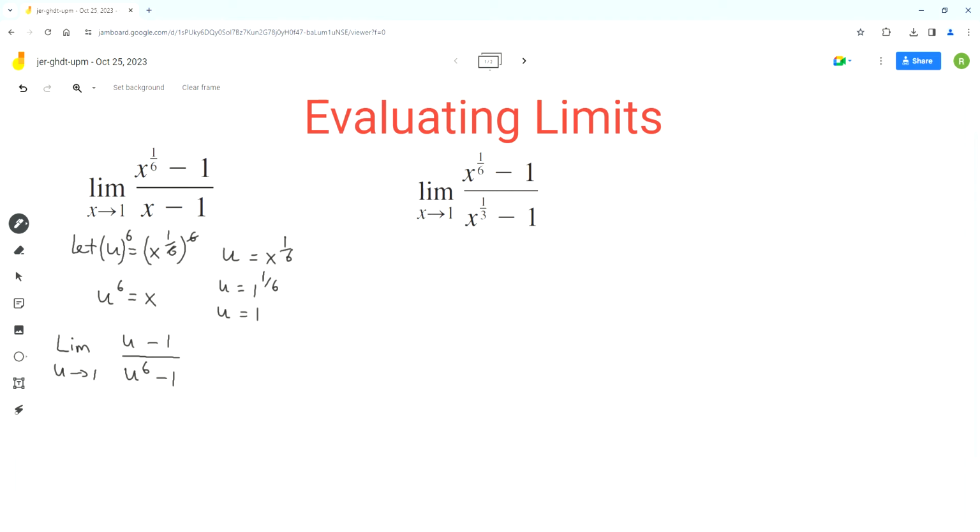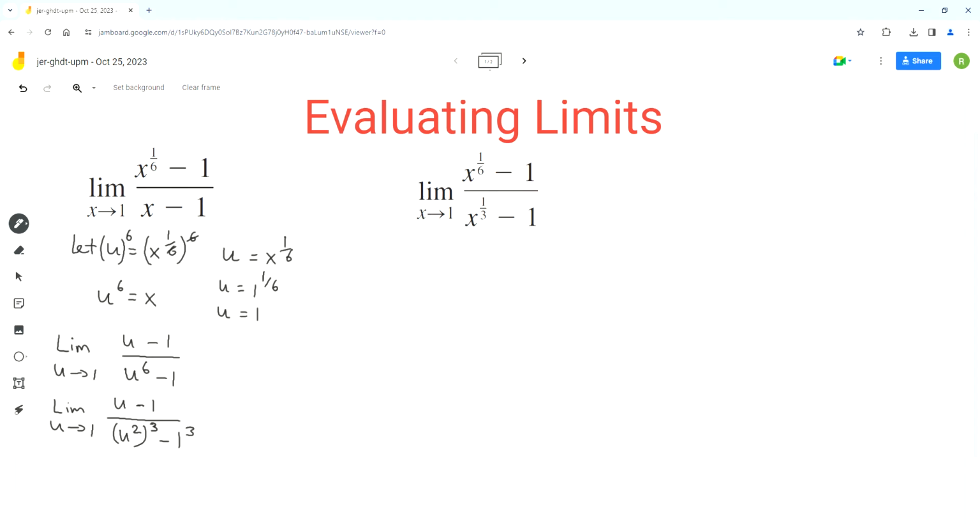So again, if we sub in u as 1, the denominator becomes equal to 0. So we have to rationalize this expression. So we can simplify the denominator by changing it into a difference of cubes expression. So we get limit u approaches 1, u minus 1 over u square to the power 3, and then 1 can also be written as 1 to the power 3.